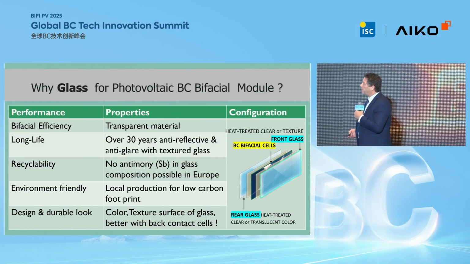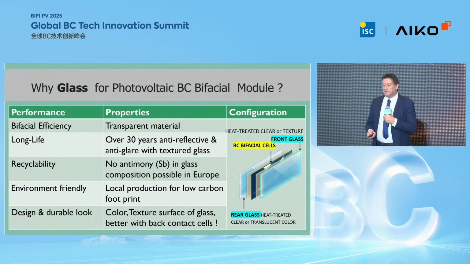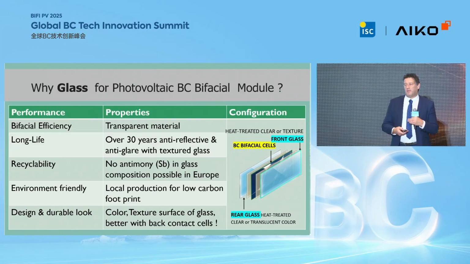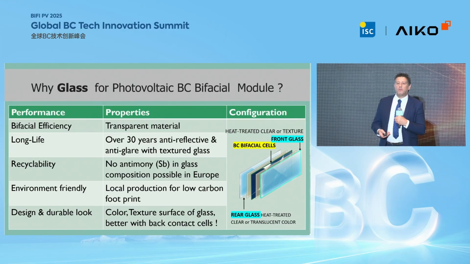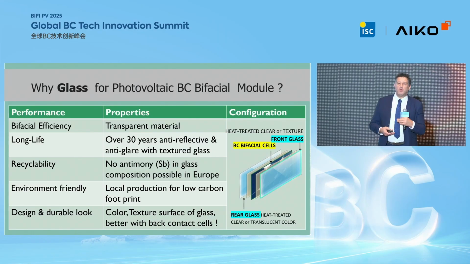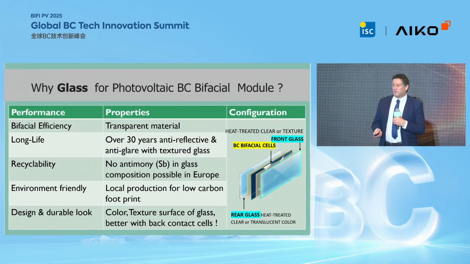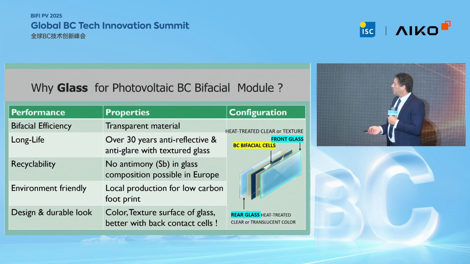Another very important point that we need to point out is that when you produce locally, in China or in Europe, you do not have to transport the glass from one continent to another one. That's also a very important point to take into account.